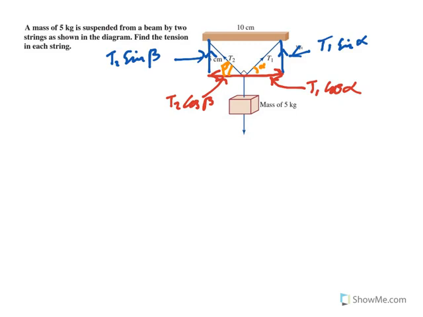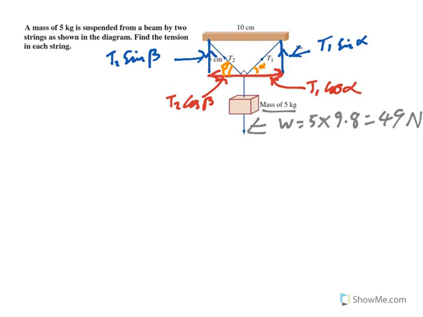Alright. And the other thing, of course, is mass. So that there has a weight of 5 times 9.8 equals 49 Newton. So we now resolve horizontally and vertically.